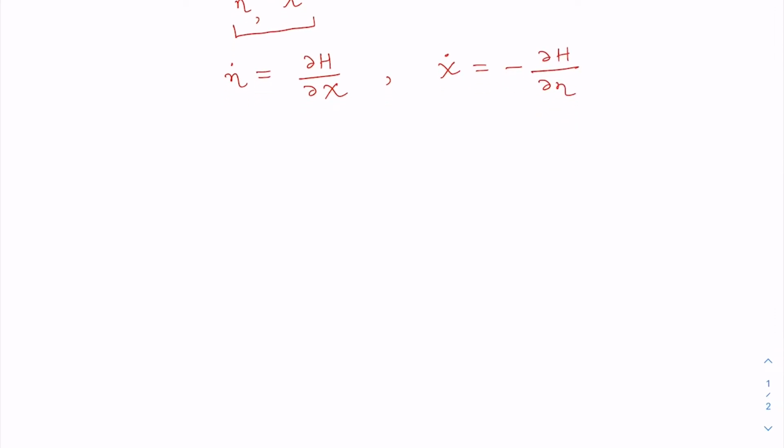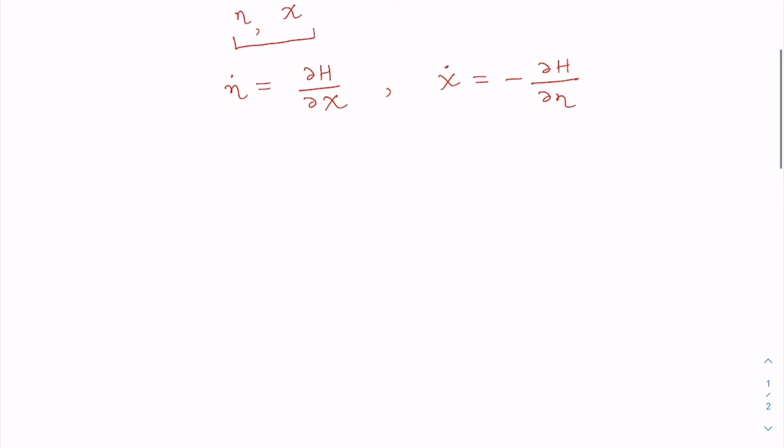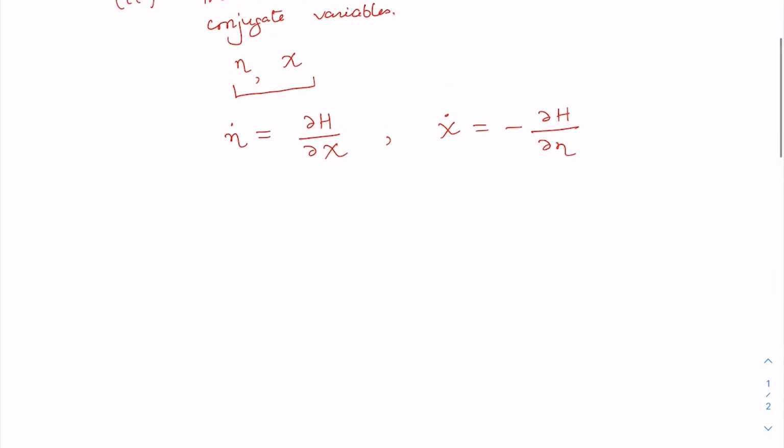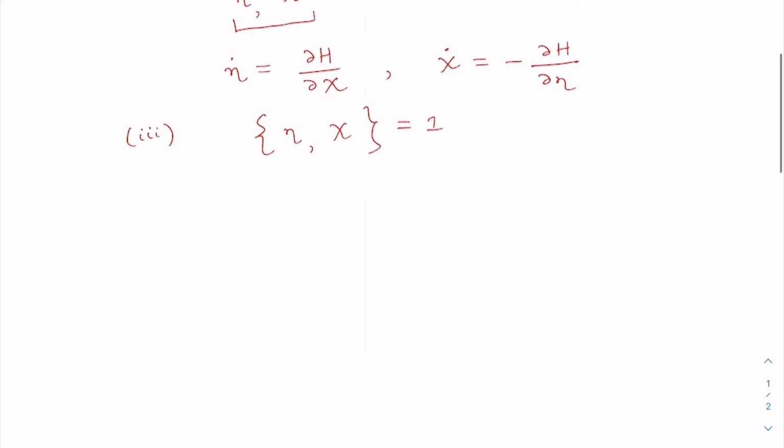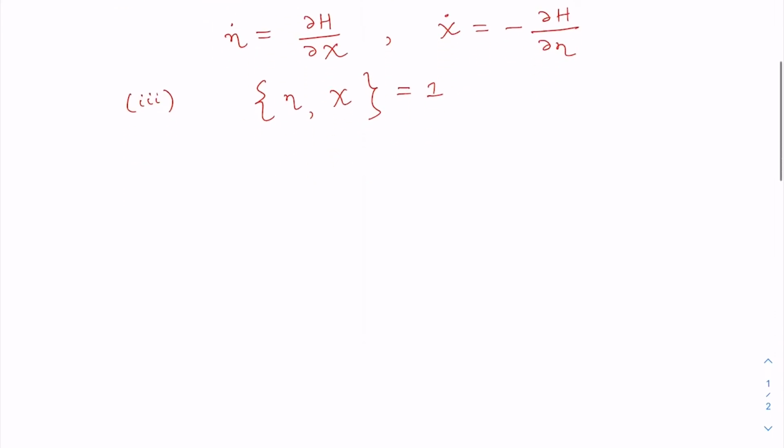Then eta and chi would be called canonically conjugate variables. Once I find the canonically conjugate variables, it is also easy to find that they are going to satisfy the Poisson relation of this type: the Poisson bracket of eta and chi is equal to 1. And then, once I dig out the canonically conjugate variables, quantization is straightforward.